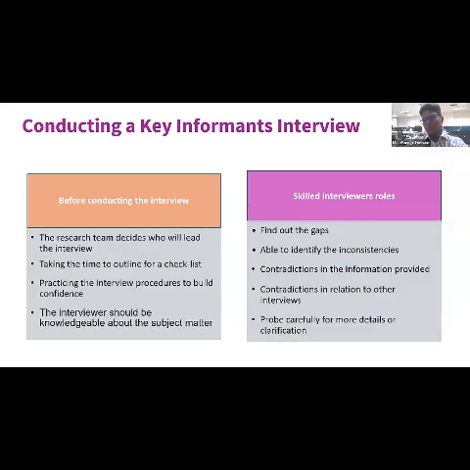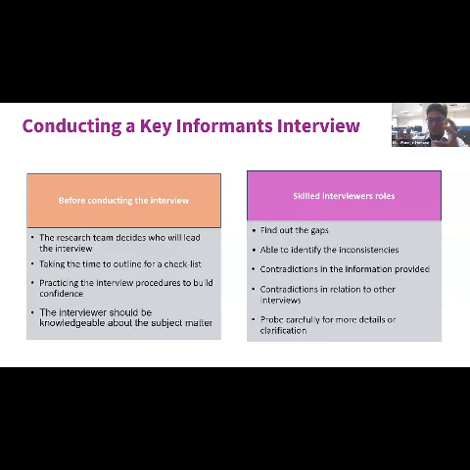And the interviewer should be knowledgeable about the subject matter, what they are going to collect the data on. Skilled interviewers have a role in that manner: they have to find the gaps, which helps to probe the questions to the respondent, and be able to identify inconsistencies and contradictions in the information provided, and contradictions in relation to other interviews.